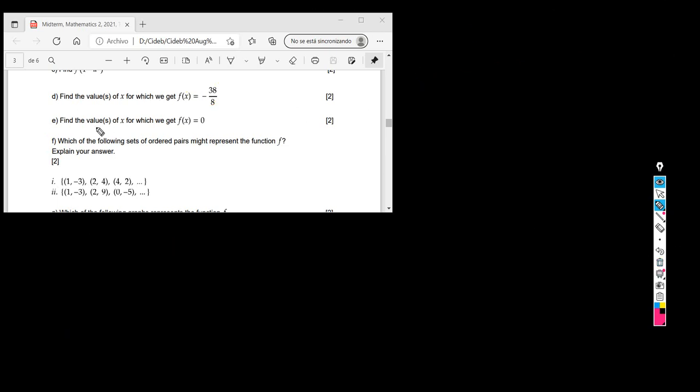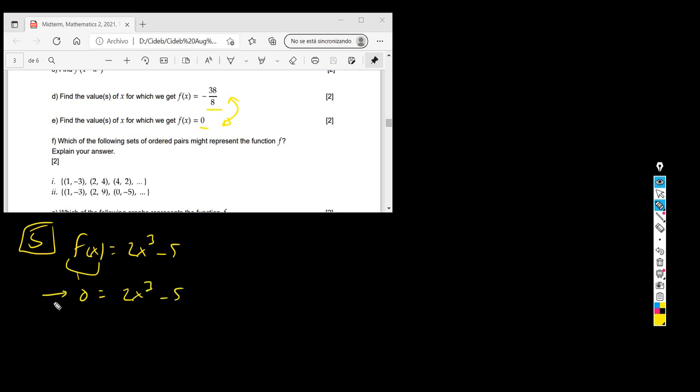E, find the value or values of x for which we get f of x equals 0. So, same idea. It's pretty much the same as before. This is another value. Instead of this one, now 0. But it's the same idea.